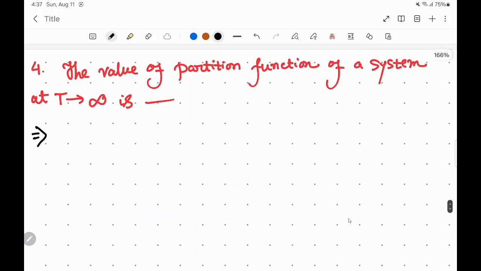What will be the answer? 1? No, t tends to infinity. Oh, sorry. 0? How? E to the power negative infinity. No, no. One minute.